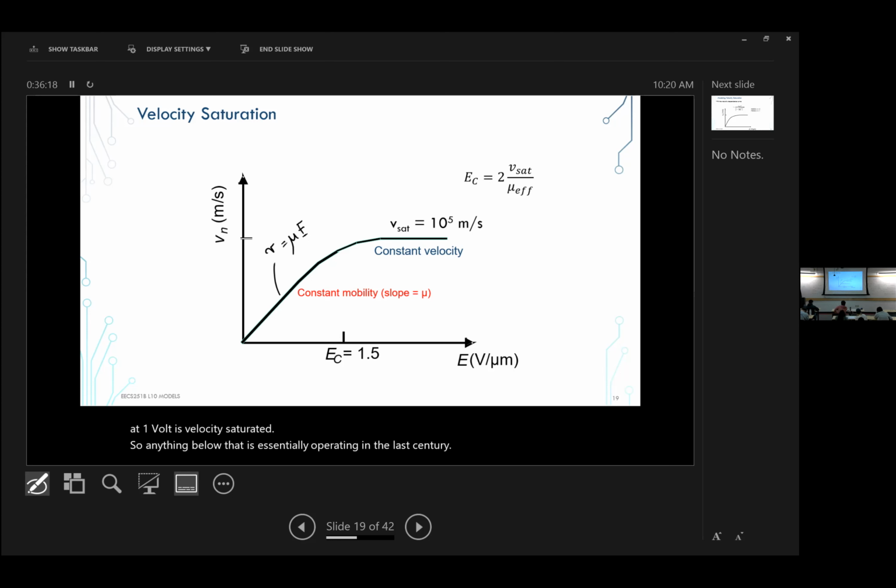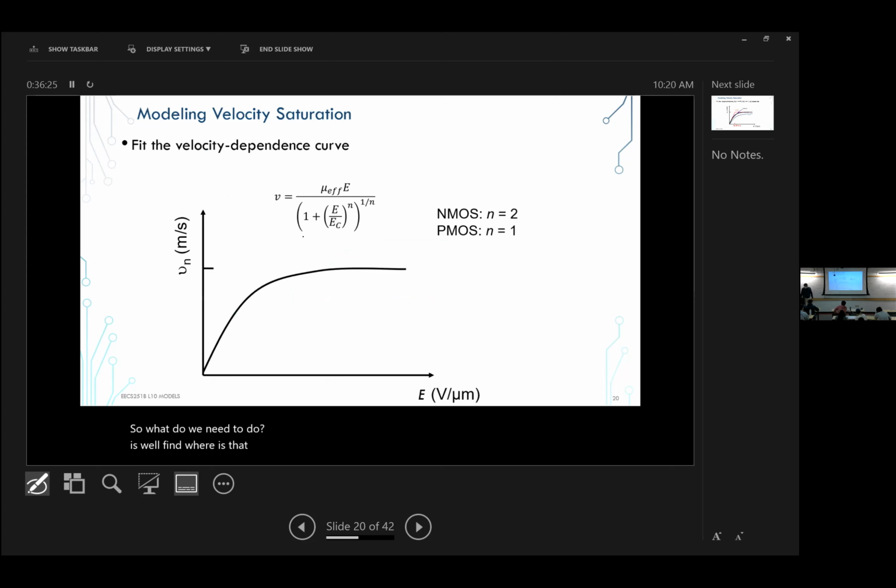So what we need to do is find where is that number EC, and model fit to that.